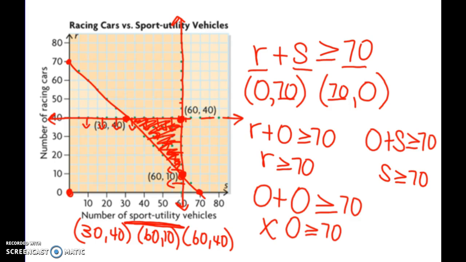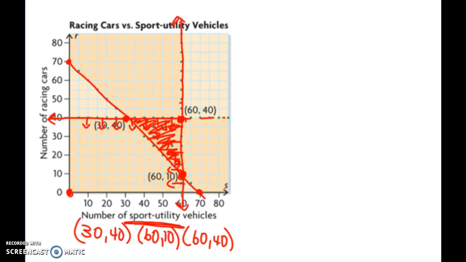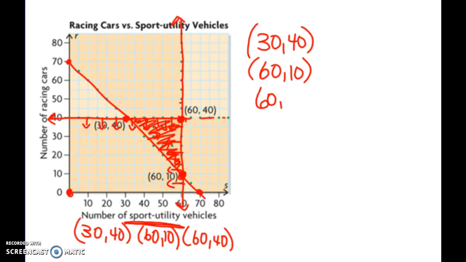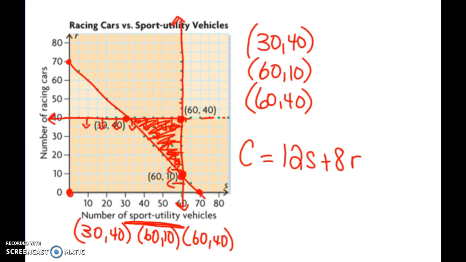And now we just need to evaluate the objective function. Okay, so evaluating the objective function means you are taking your points, 30 and 40, 60 and 10, and 60 and 40. Remember, our objective function was the cost was $12 for an SUV and $8 for a race car. This is how we'll find our max and our min values.